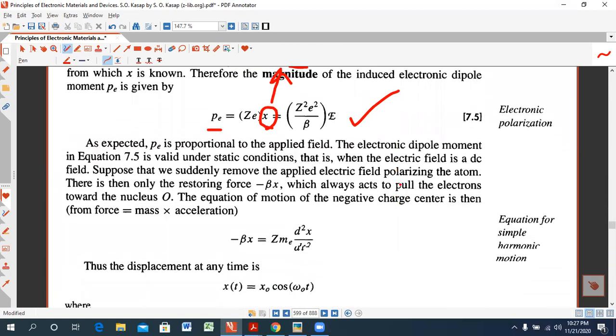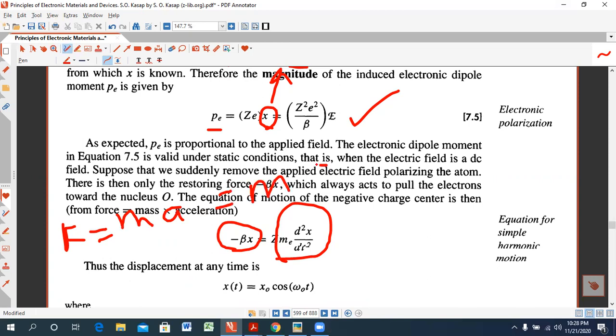Now look, we can also find that beta x should equal Zm e. How have they derived this? That is the restoring force. So force, we know that F equals ma, be careful for a little bit there. And what is acceleration?